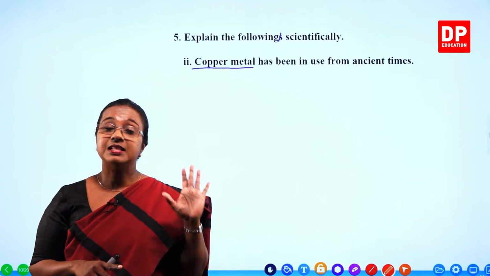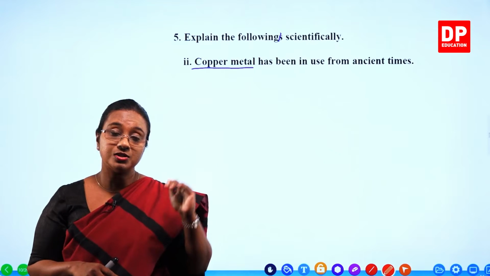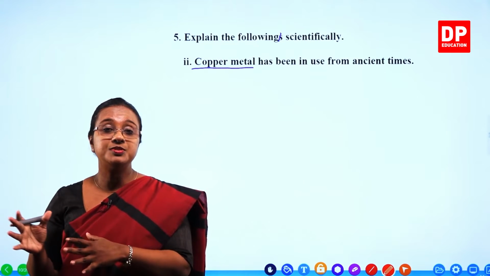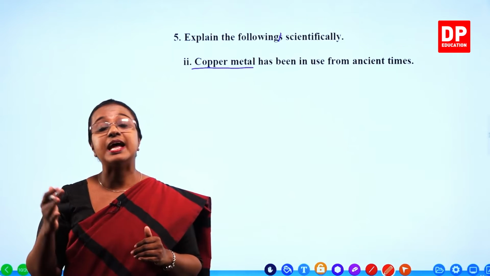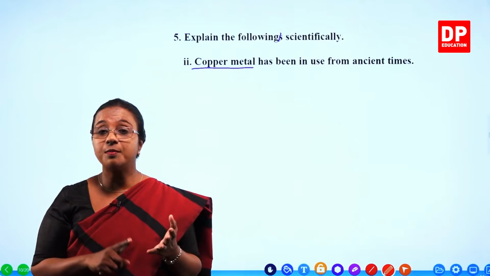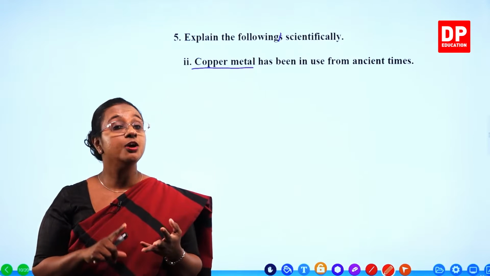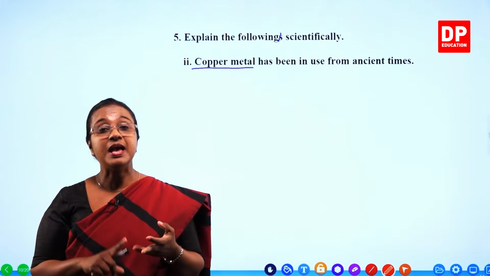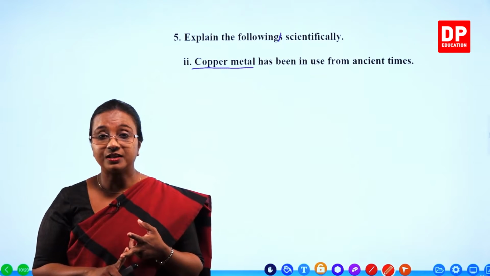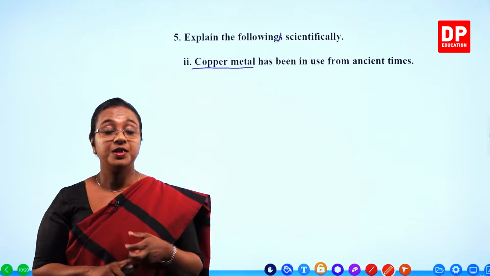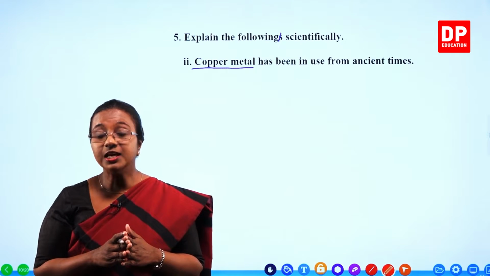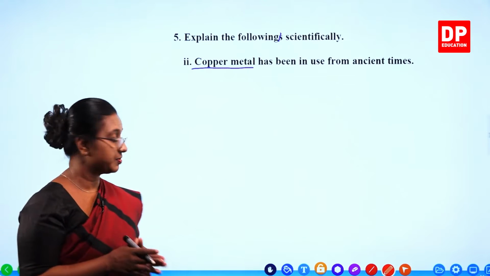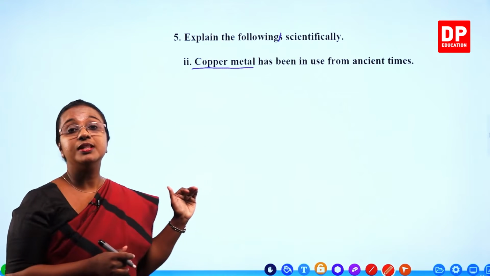So that means the reactivity of copper is also very less. So because of that, we can make lot of objects from copper and use that in our day-to-day life. Because copper does not react with oxygen, water, that is cold water, or even hot water or steam, and also it doesn't react with oxygen that quickly. So because of that, it is very, very useful, and that is why it has been in use from ancient times. So you have to list out all the reasons.